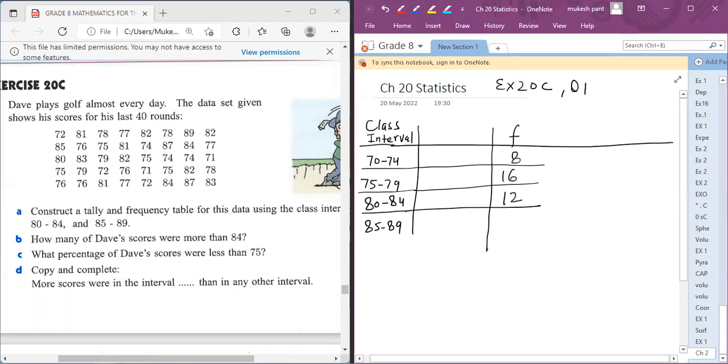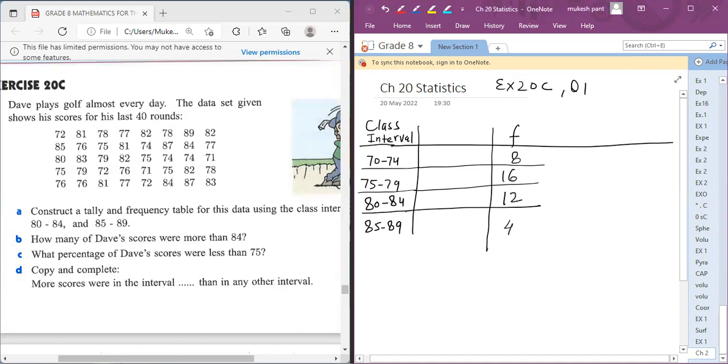Then 85 to 89: first is 89, then 85, then 87. I think there are only 4.